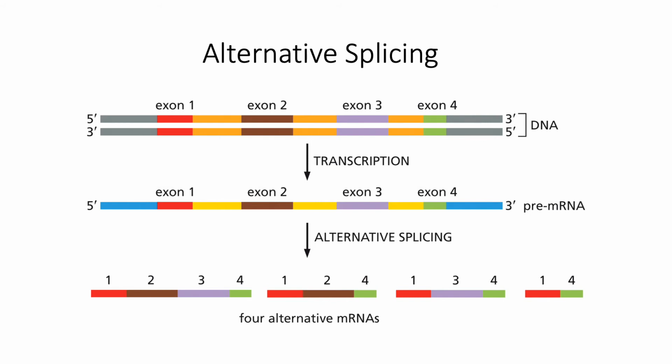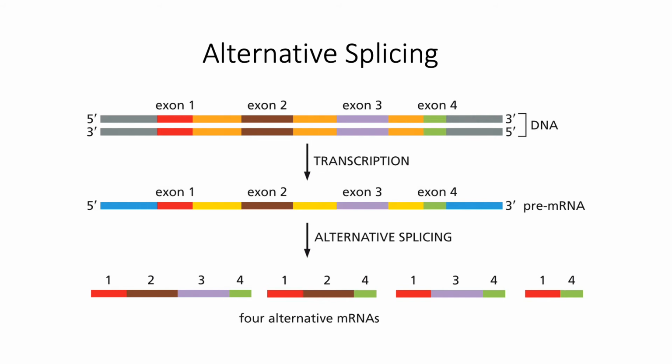So you have exon 1 and 4 joined. Each one of these will make a different protein. And we see this quite often. 60% of all genes undergo alternative splicing, at least 3 to 4 different products, some much more. And so you can get these alternative messenger RNAs and alternative products. Each one will make a different protein. So you get 4 different proteins out of one gene.